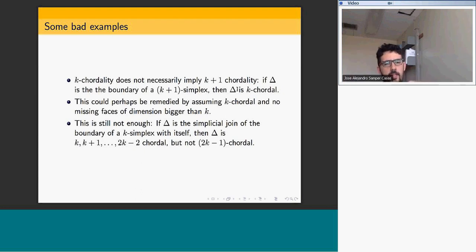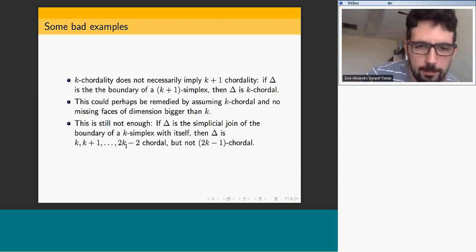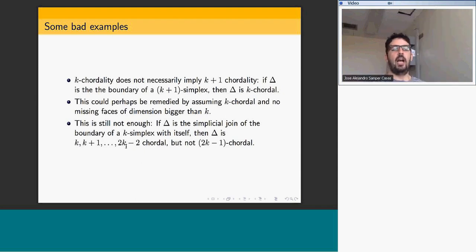This is the join of two spheres, and therefore it has non-trivial 2k minus 1 homology. It's a simple exercise to check that it is k chordal, k plus 1 chordal, up to 2k minus 2 chordal. So some level of chordality does not imply the next one, which means there are some bad issues.